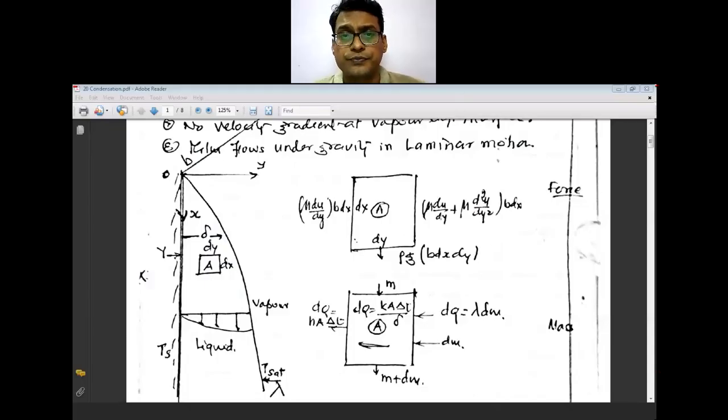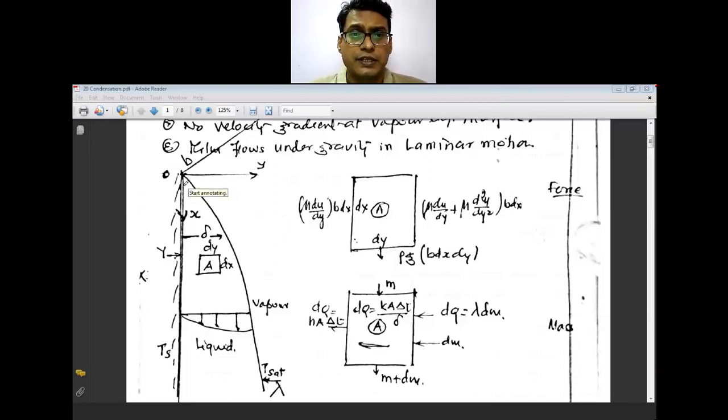Dear students, now we are going to discuss the derivation of the condensation for the vertical plate. Now consider this vertical plate on which the condensation of the vapors is taking place.